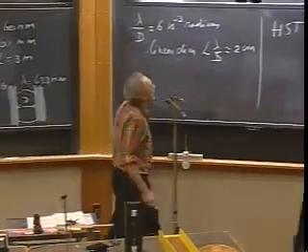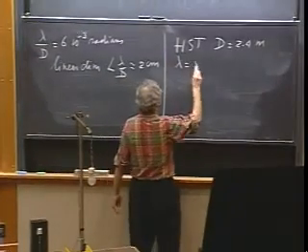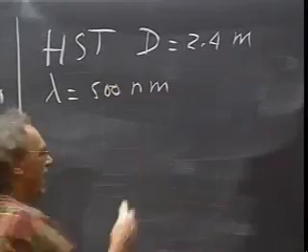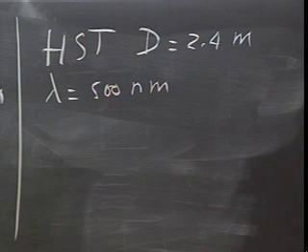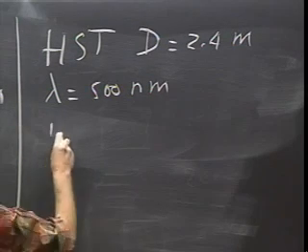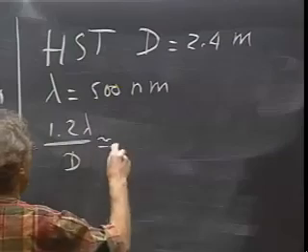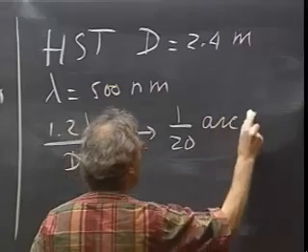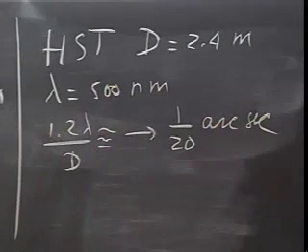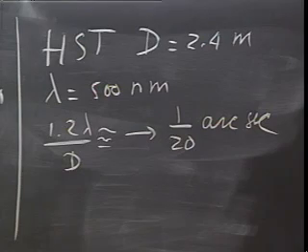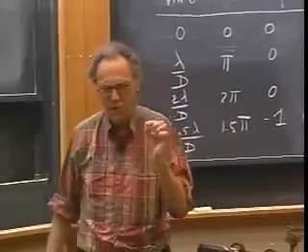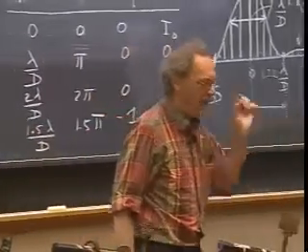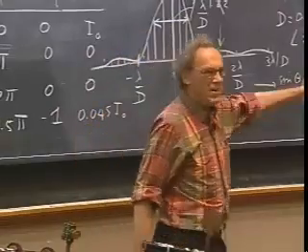So if I take an average wavelength of the optical spectrum of about 500 nanometers, I realize that it goes all the way from 400 to 650, but if I take this as a representative wavelength, then 1.2 times lambda divided by d translates into about 1/20th of an arc second. That is an incredible resolution. If two stars of equal brightness are 1/20th of an arc second apart, Hubble Space Telescope can see it as two stars.